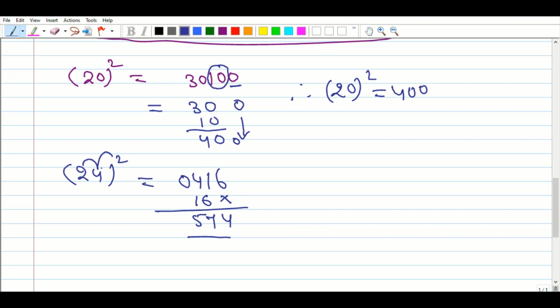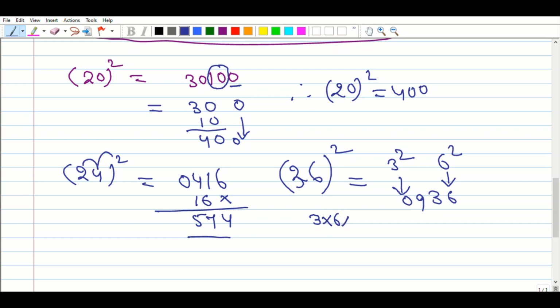Now, when we are going to find 36 square, write it down like this. We write 6 square, that is 36. Very good. 3 square, we can write here 9. Okay, multiply 3 into 6 into 2.